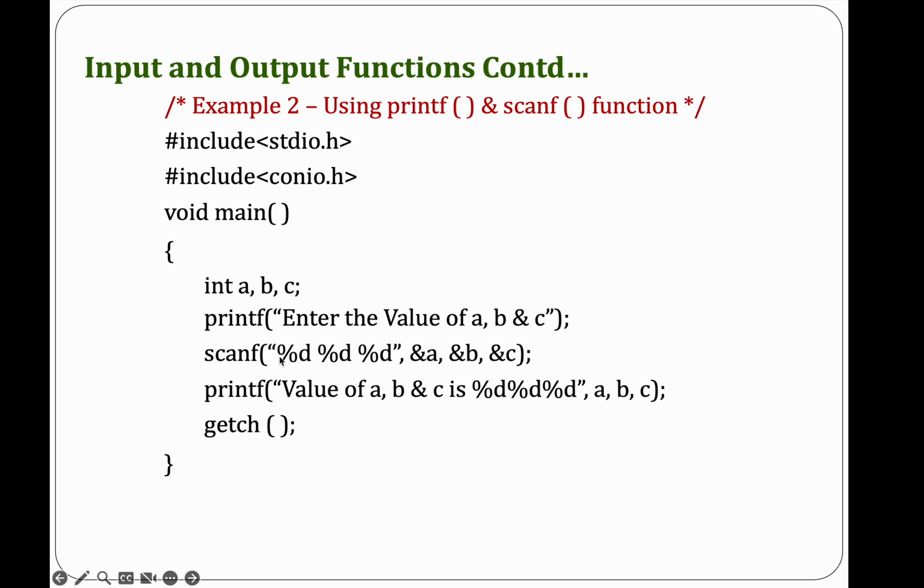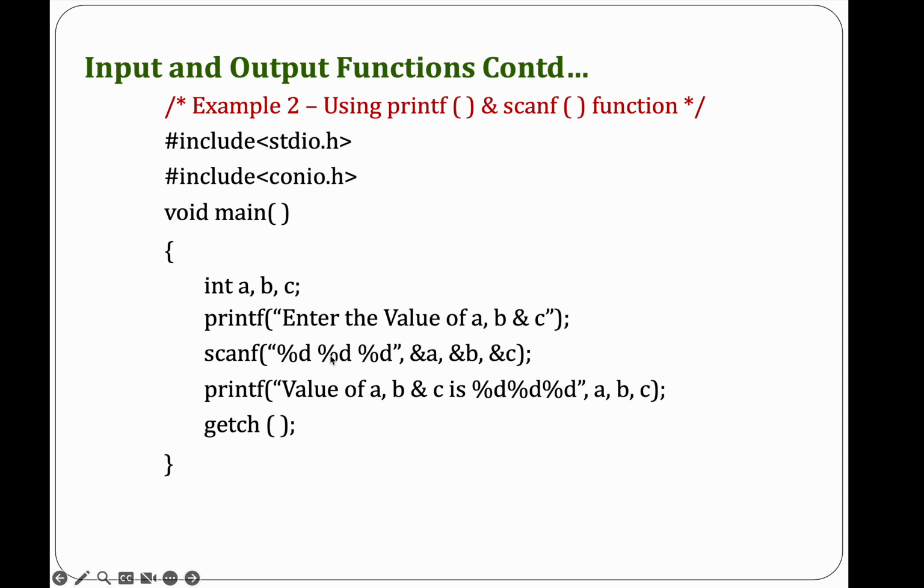In the same example, there we used only one variable. Here we are using multiple variables. So how can multiple variables be used? In the scanf statement, we can pass multiple values, and definitely you should not have a space between one %d and another %d. Okay, you should not leave a blank space.